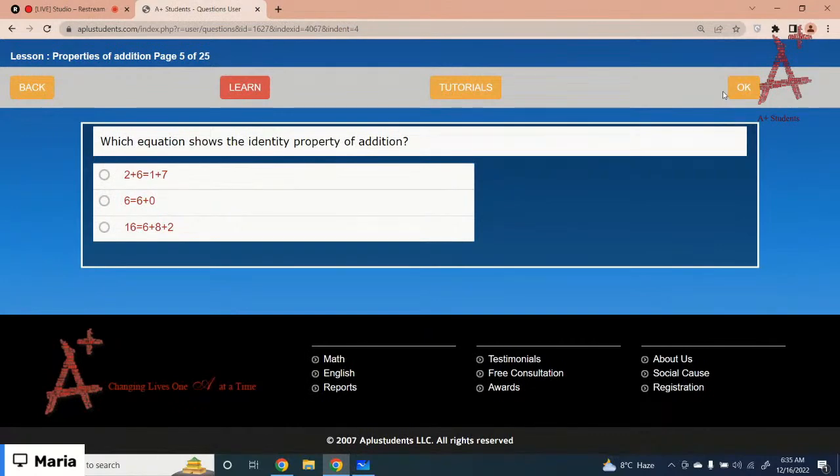Which equation shows the identity property of addition? Which one is it?